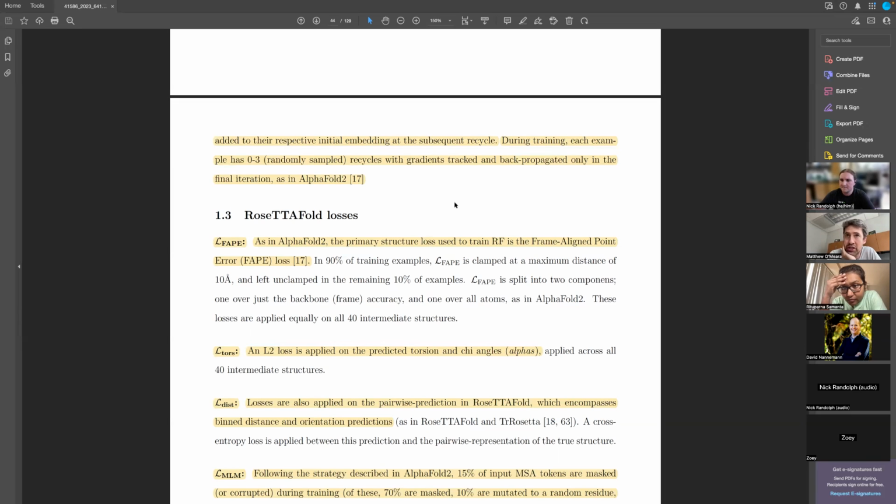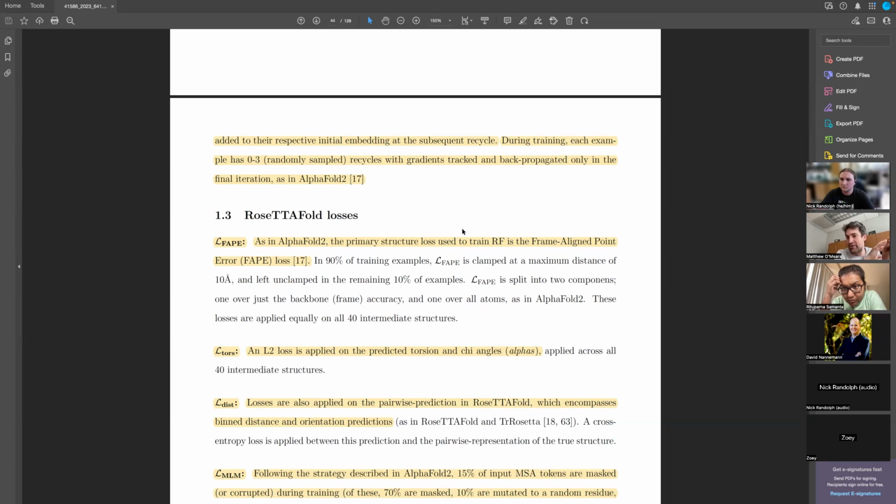So if we trace the path that the loss is propagated through, in your diagram, it's going to come out from the predictions into the loss, and then backwards into the weights of RFDiffusion, into RoseTTAFold. But those backwards paths are all going to give a shared gradient for the weights.